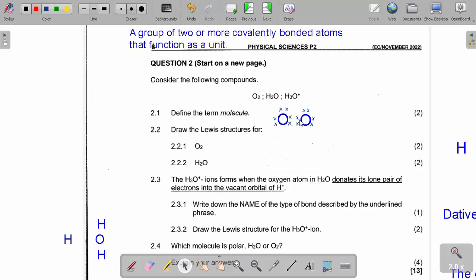Because there are two of them, that's 1 and 2. Now pay attention here, guys. For this oxygen atom, look here, this is 1, 2, 3, 4, 5, 6. Because it's in group 16, that's why it has 6 valence electrons. Now this other one also has the same 6. I think you can see them here.